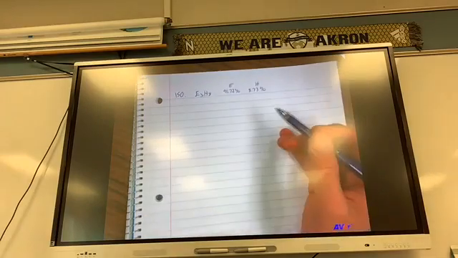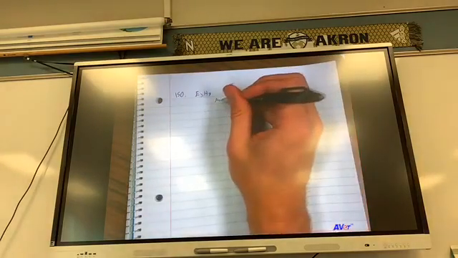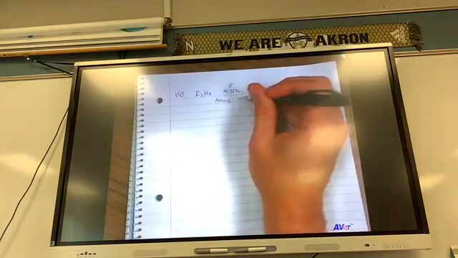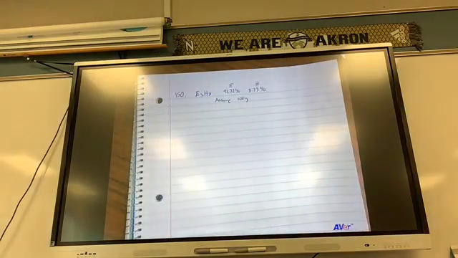You just like to show us the work. Assume 100 grams. On this one, it wants to know the atomic mass of E. Well, let's figure out what we know. We know H, and E's an unknown.